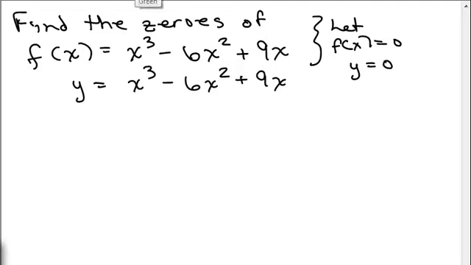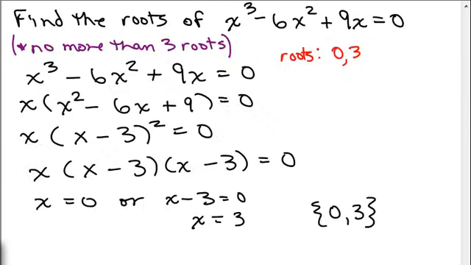So I would be solving the equation x cubed minus 6x squared plus 9x equals 0. But that's exactly what we just did, right? Back here, when we found the roots of x cubed minus 6x squared plus 9x equals 0. So you see the relationship?